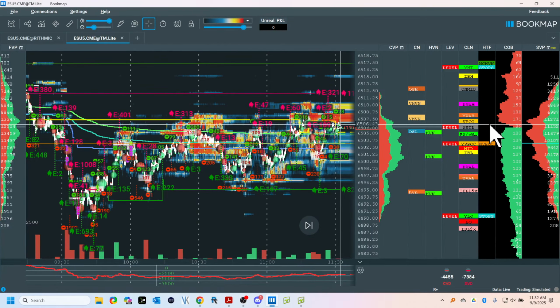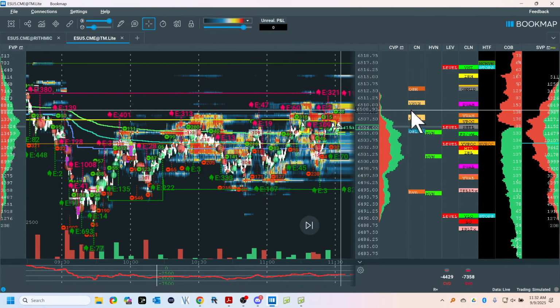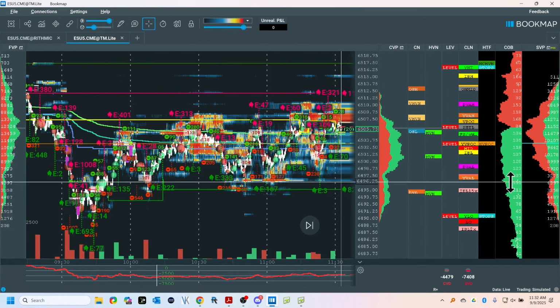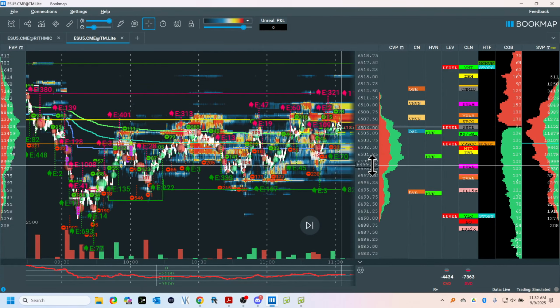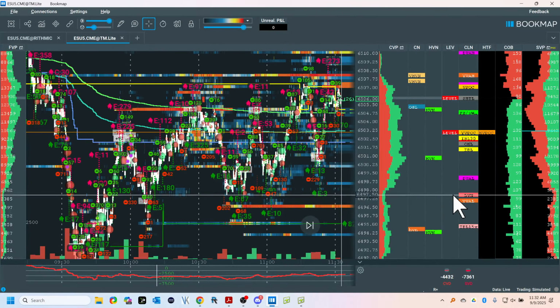These are manual. I just put them in. They're a higher time frame, so they don't change during the day. These are real time, and by that I mean I put these in as the market develops. This is also generated from Investor RT, and it measures where the high volume is and the low volume. Low volume is out here, and that's all coming out of Investor RT, so it lets me know.